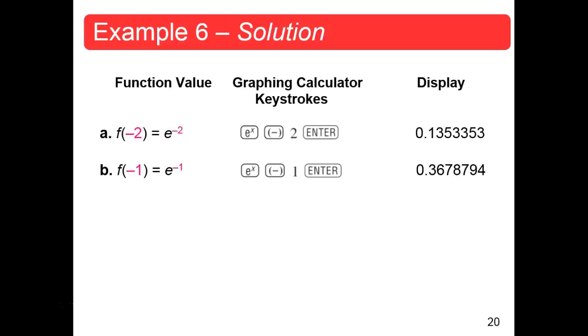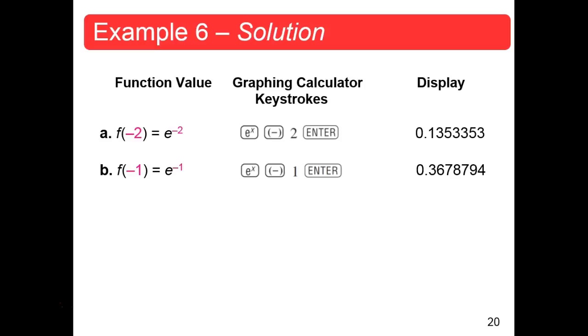And e to the minus 1, enter it the same way, 0.36. Yeah, now you can do lots of things with a scientific calculator. The first one that pops up is just your simple calculator.